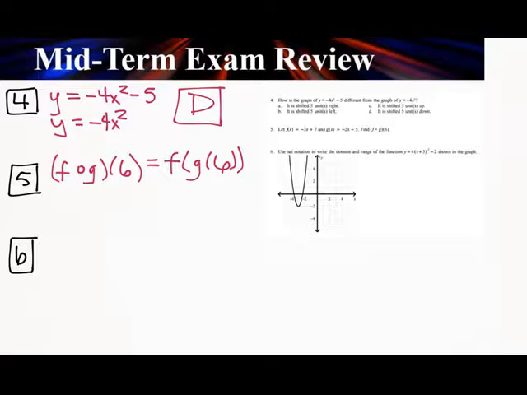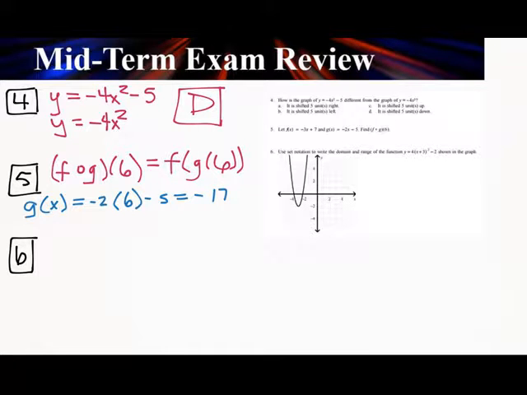That means that I'm going to put 6 into the expression for g. So g of x, I'm going to put 6 right here. -2 times 6 goes into the x, minus 5, which is going to make it -12 plus -5 is -17.